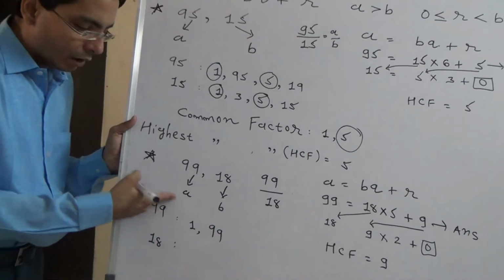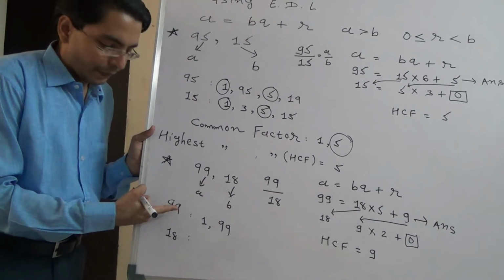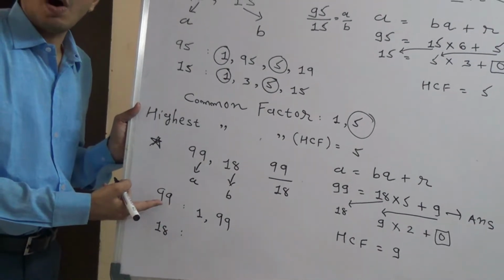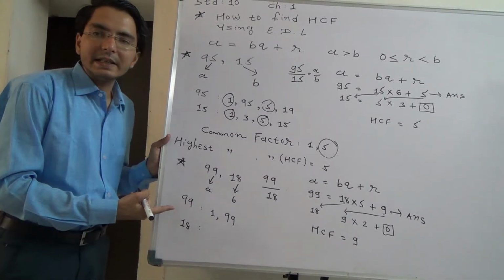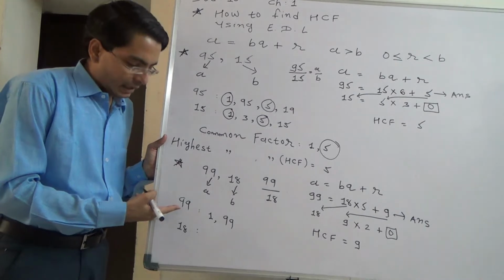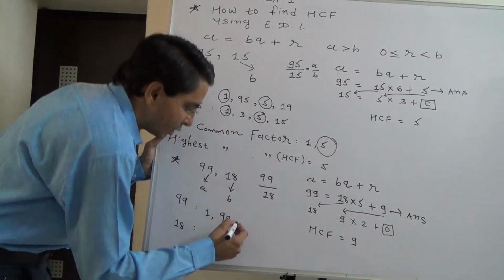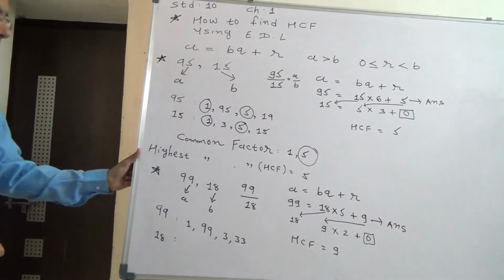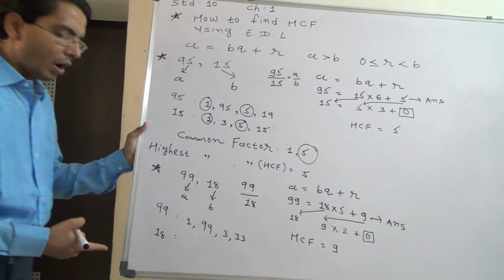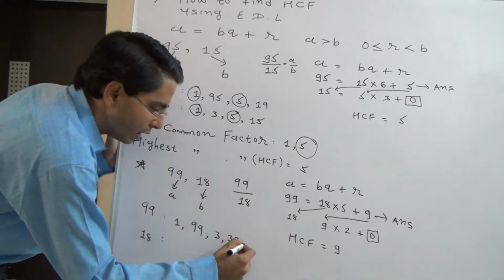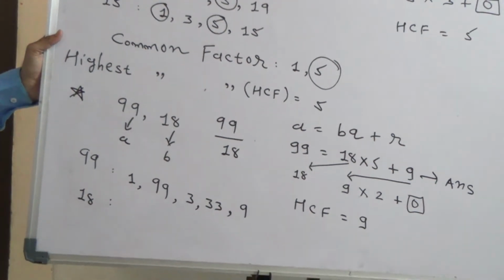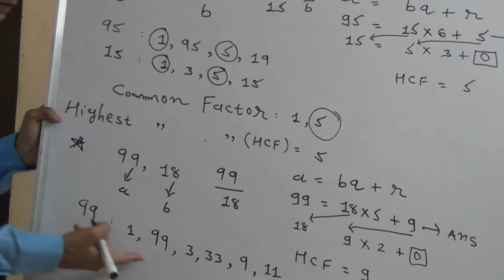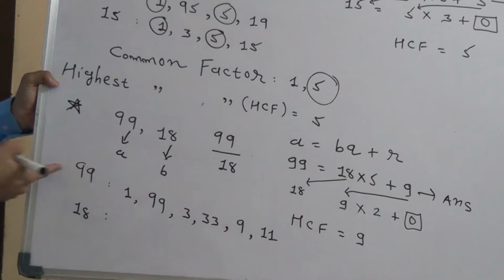For divisibility by 3, the sum of digits 9 plus 9 is 18, which is divisible by 3, so 99 is divisible by 3. Dividing by 3 gives 33. Also 9 and 11, as 11 nines are 99. All these are factors of 99.